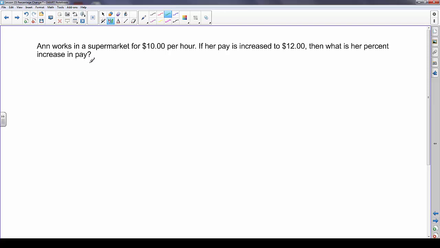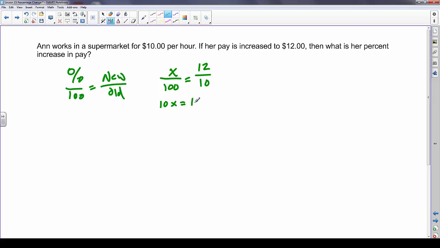But let's find out. So what I have is I have a percent over 100 is equal to, I like the new over the old in this case. So we have an unknown percent over 100. The new value is 12. The old value is 10. Do the cross product. Get 10x is equal to 1200. x after dividing both sides by 10 is equal to 120%.